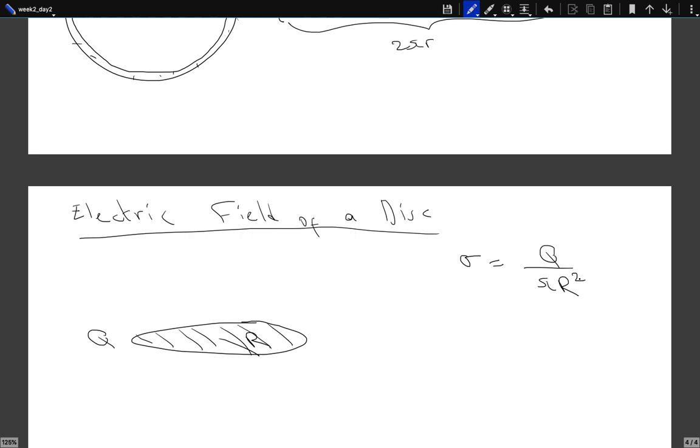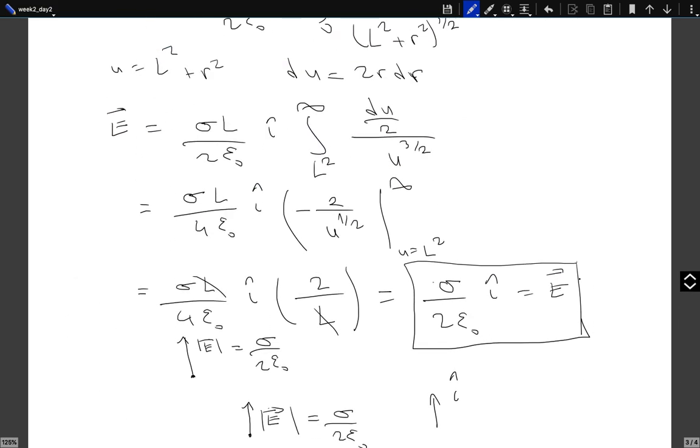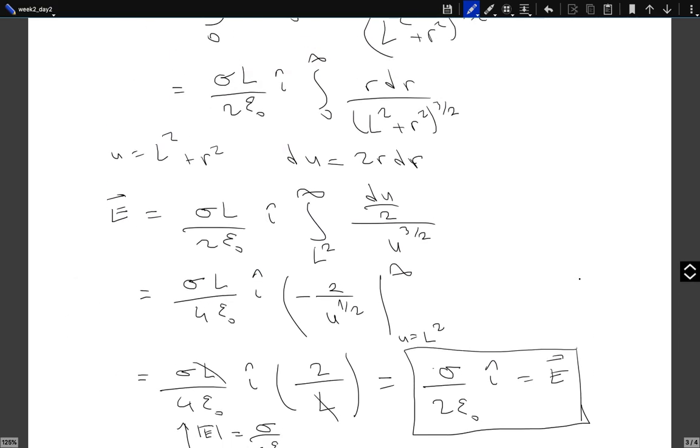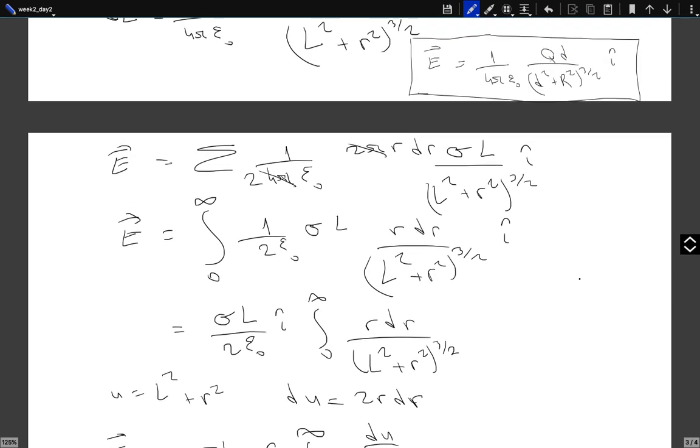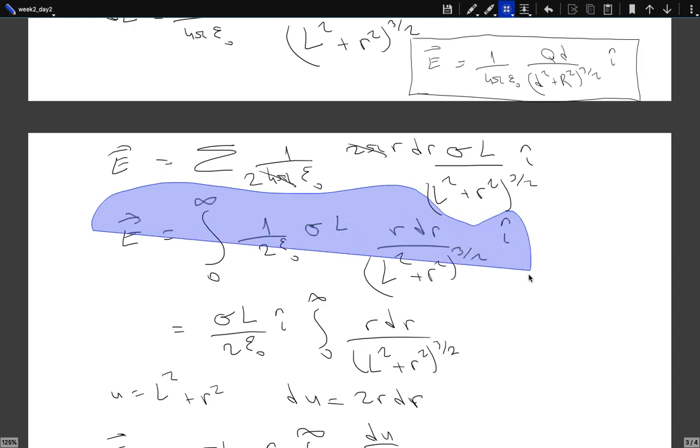We are assuming that the charge is uniformly distributed, so this is the uniform surface charge density. The previous derivation is identical, except the limits. So this was the electric field in the case of an infinite plane.